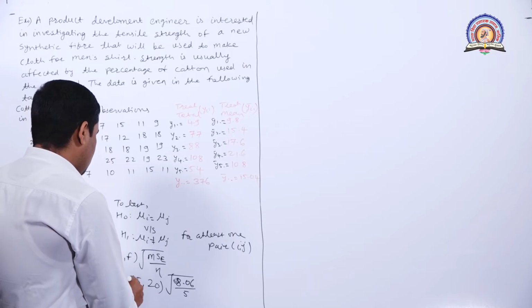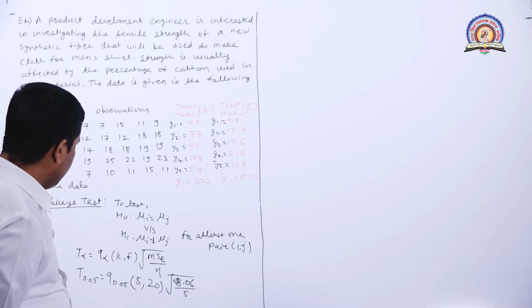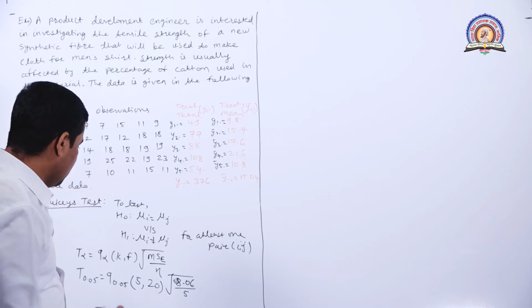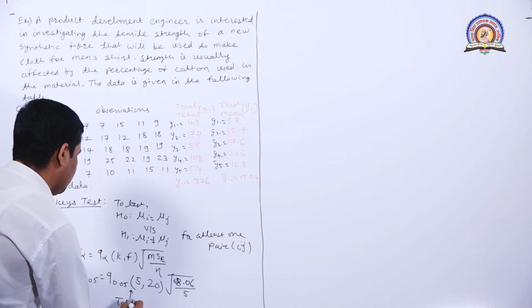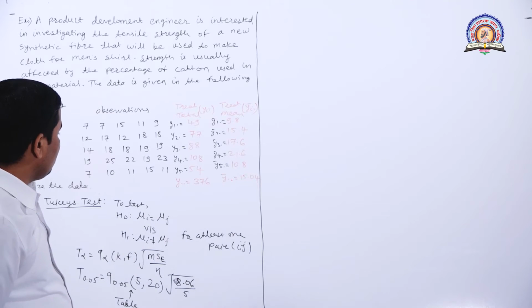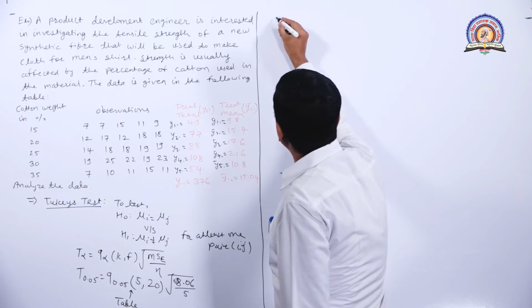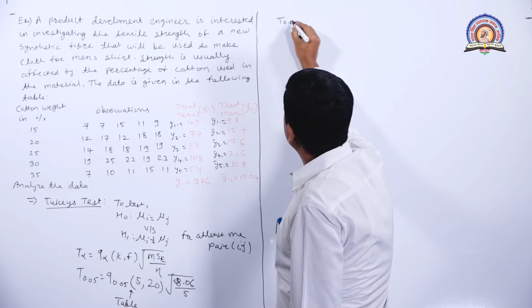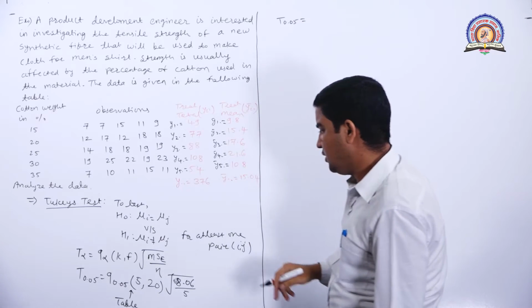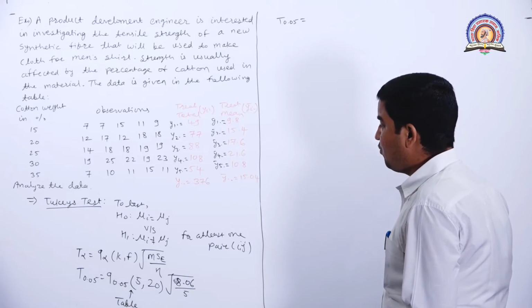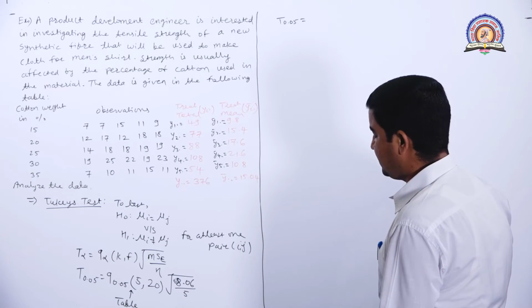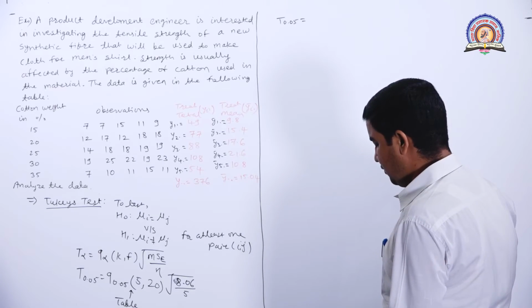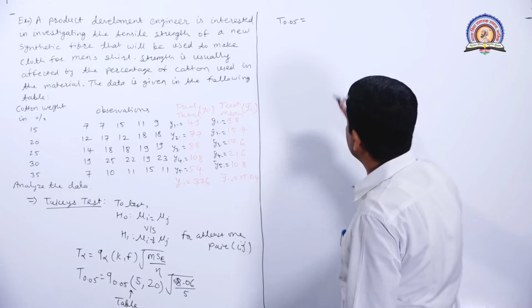Q alpha, K comma F is obtained from the table of studentized range statistics. Q 0.05, 5, 20 is 4.24.